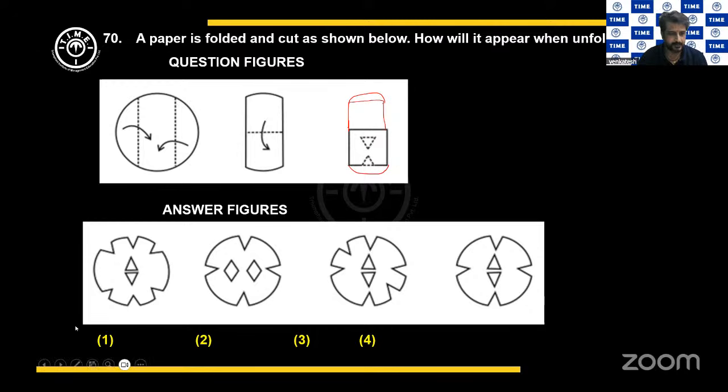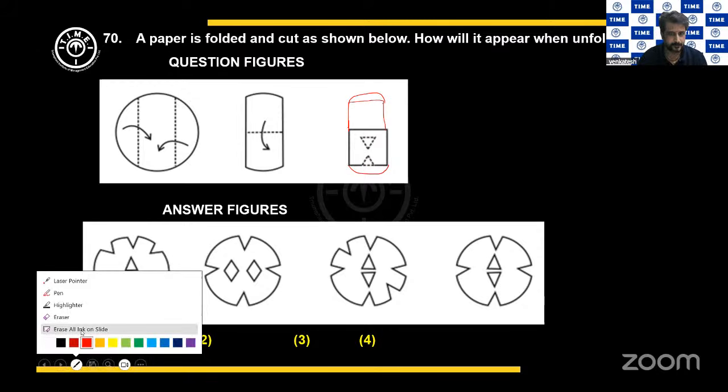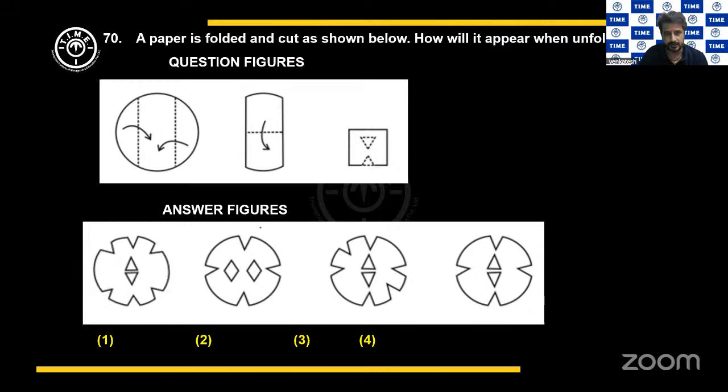Let me erase it. I'll explain you again. Right. So this part is folded one, which is not there. Here it should also appear like this. I think some correction is needed here. Okay, fine. Now, when it is opened, here you will get this element.